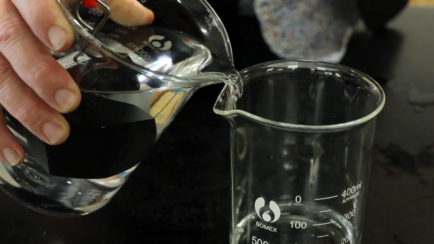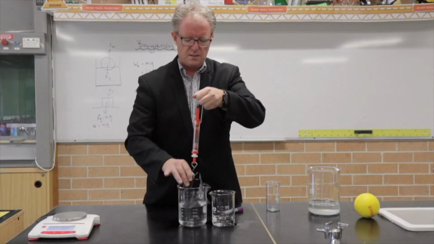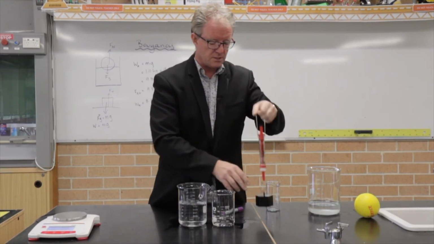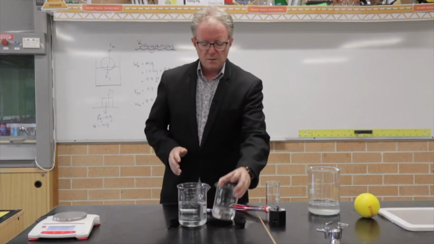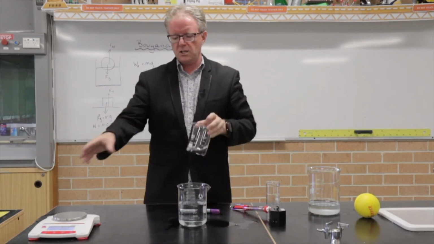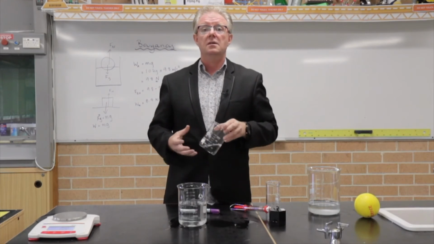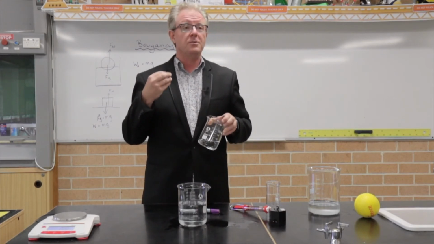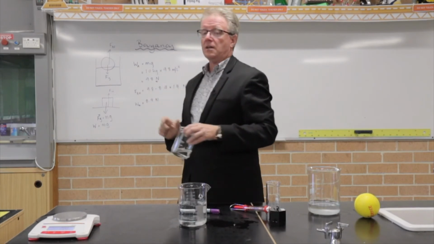And there it goes, the water's going in. I'm just doing this very quickly so you can see. Of course, you'll take your time and be more accurate. And then we have some water in here that we've got to pour into another beaker so that we can see how much this water weighs. And if you do it accurately, it should weigh the exact amount that we calculated.